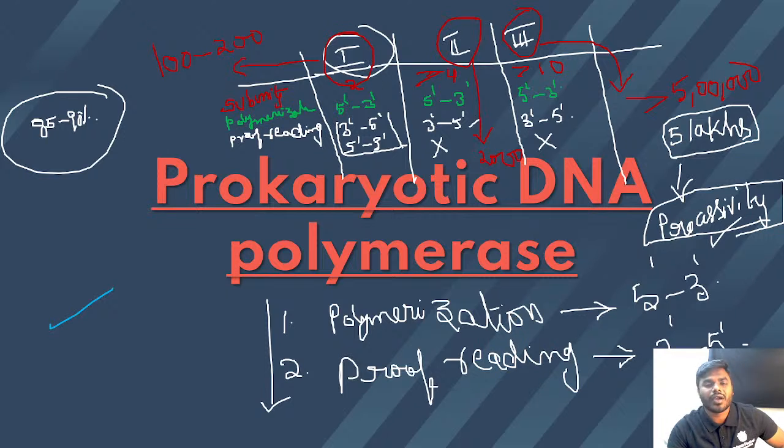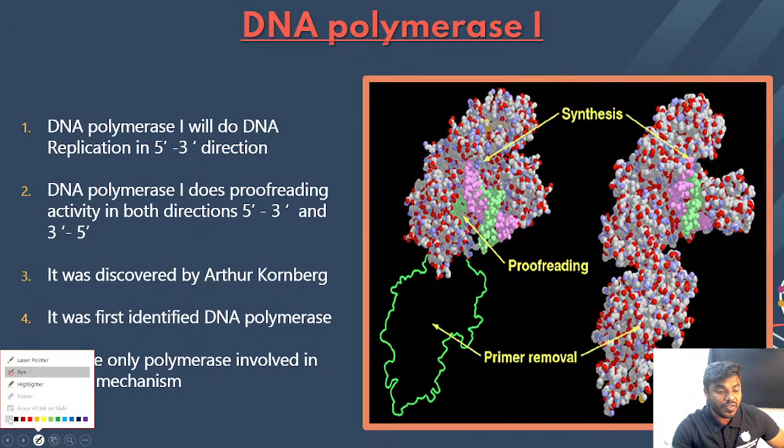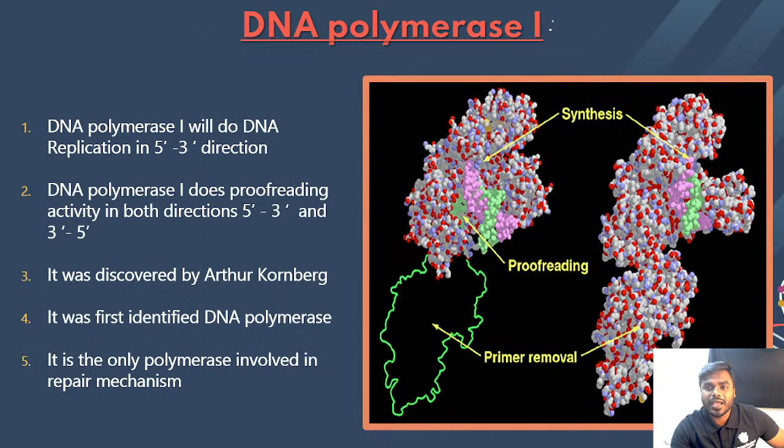Now, friends, let's talk about every single DNA polymerase in an elaborative way. So let's talk about the first type of the DNA polymerase, friends, DNA polymerase 1. First, we will understand a few important things, then we will read about this.